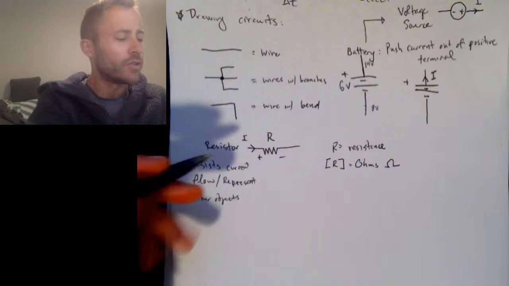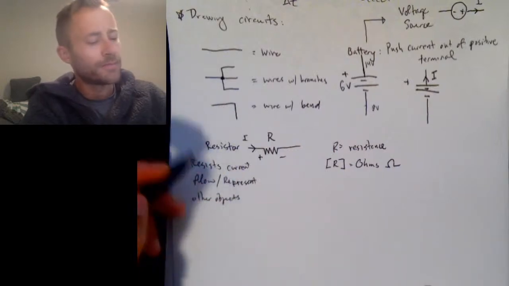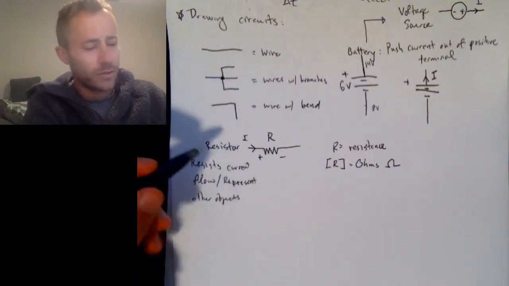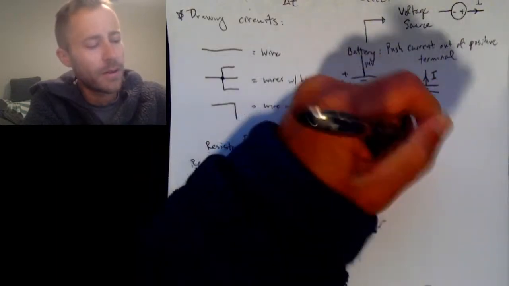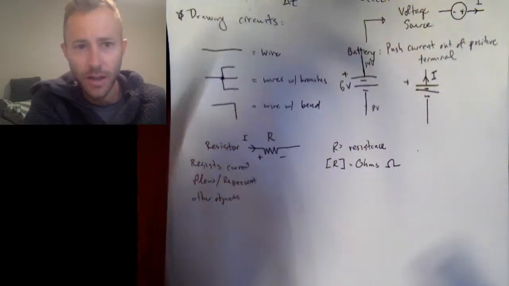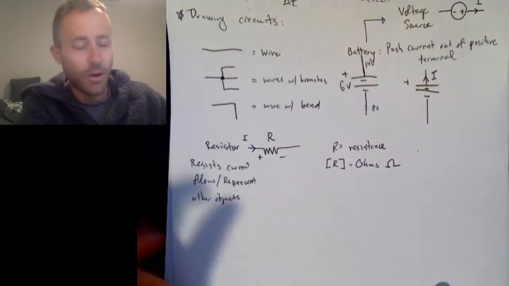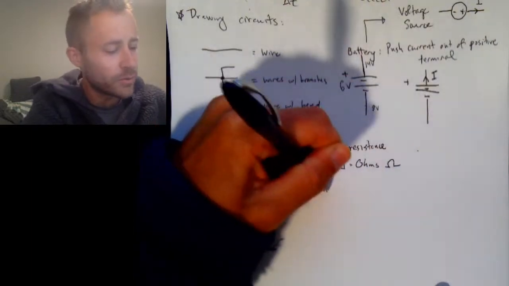So with resistors, the potential difference, aka voltage, and the current are all related according to Ohm's law.